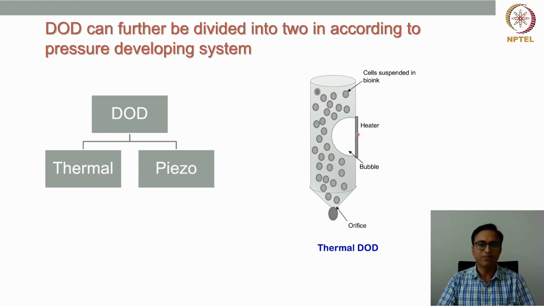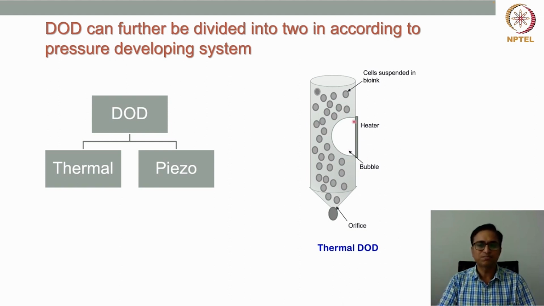Now, whenever this heater is heated up, what happens? A bubble will be produced, because the heater is heating up the liquid material that is present within the nozzle, right? So the bubble will be produced. That will increase the volume, and it will then burst.